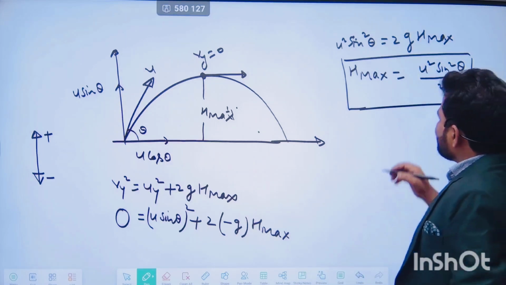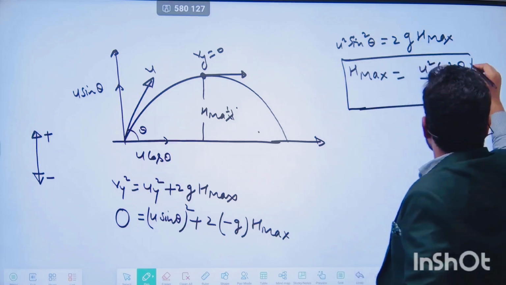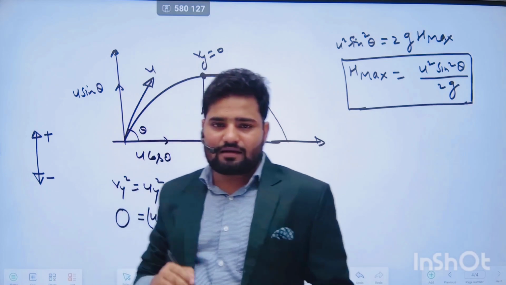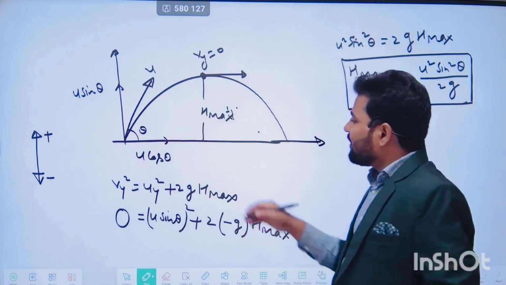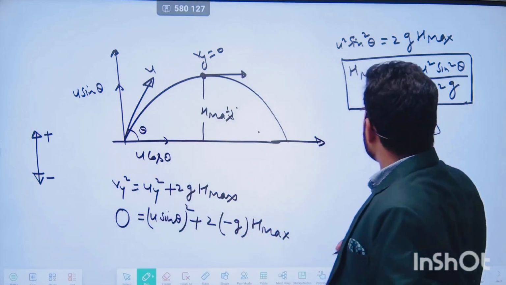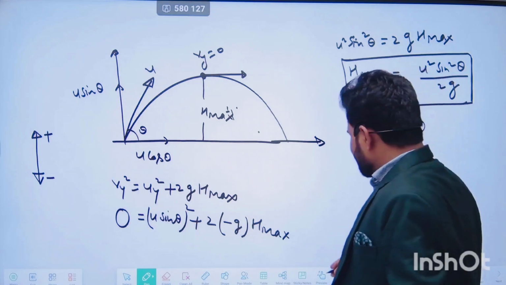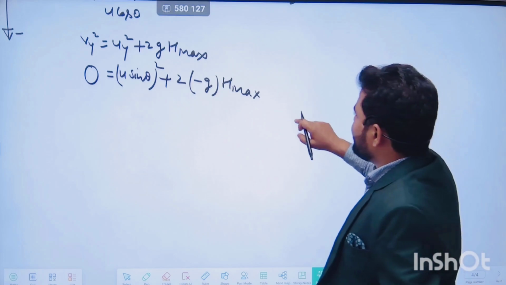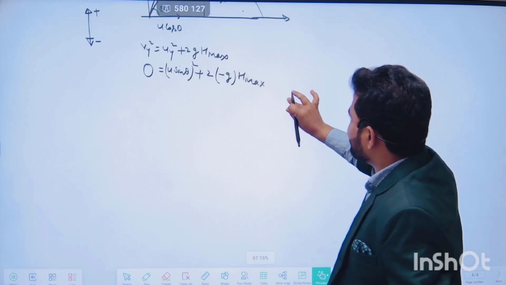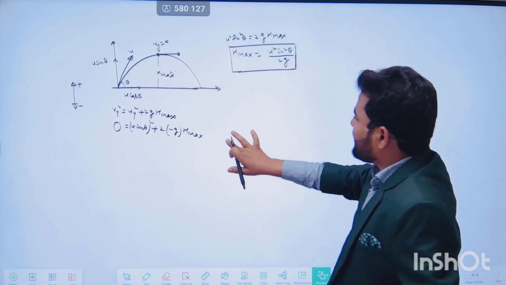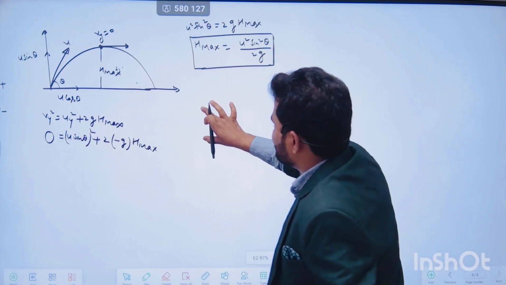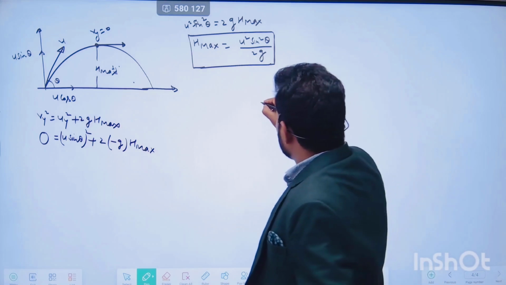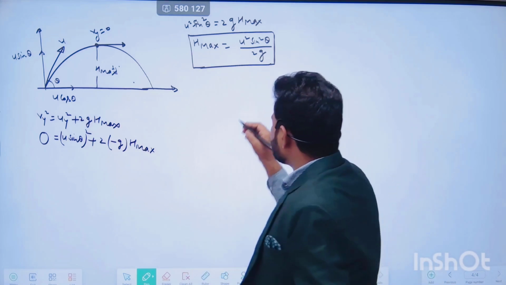Similarly, we all know that this is the maximum height for the projectile. Similarly, the third terminology, after the time of flight, is the maximum range, or range we can say, in horizontal direction. So we are going to discuss the range. To evaluate the range, we are considering the horizontal motion.